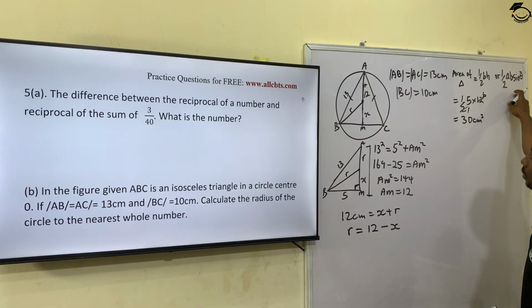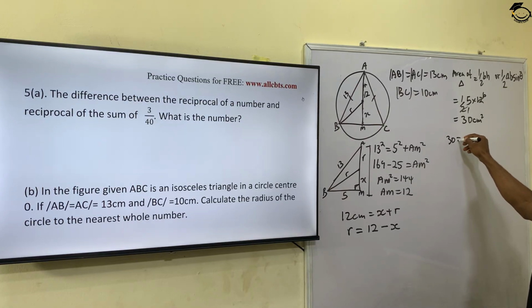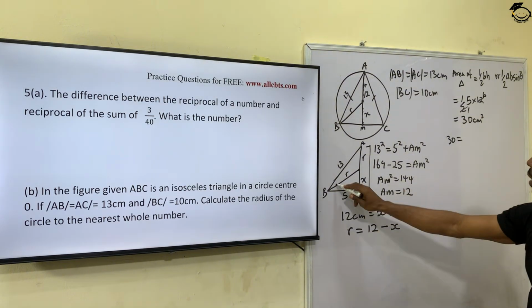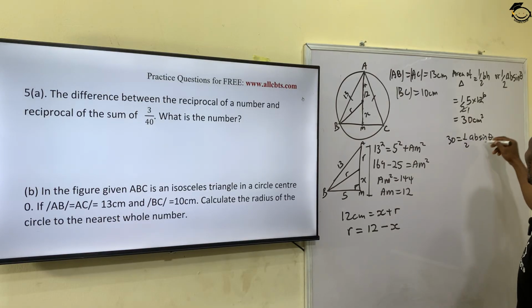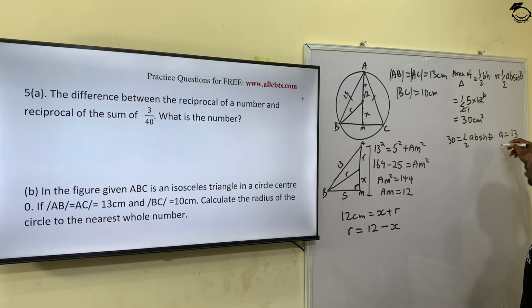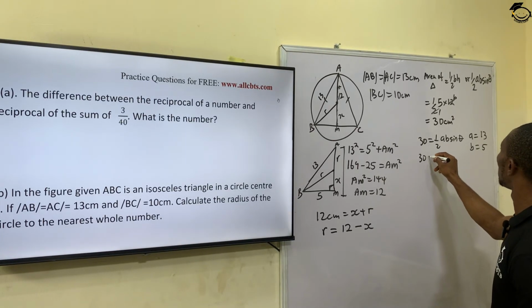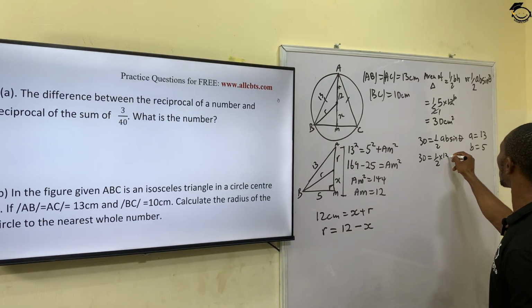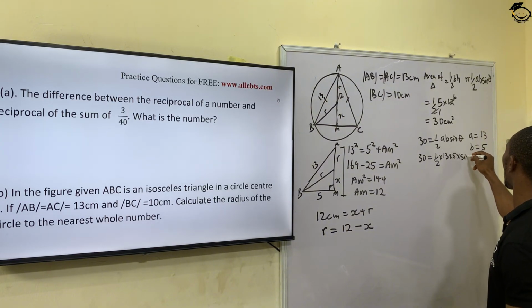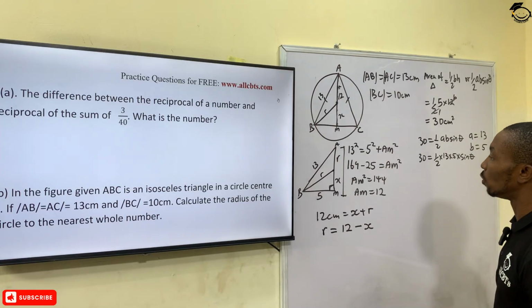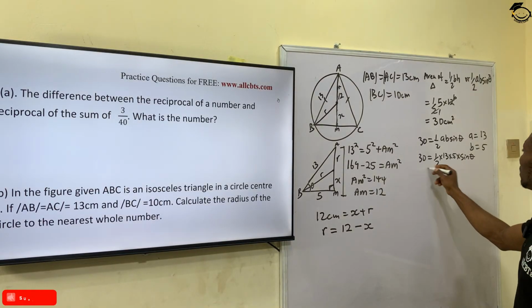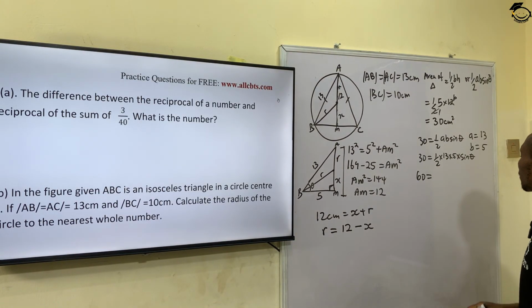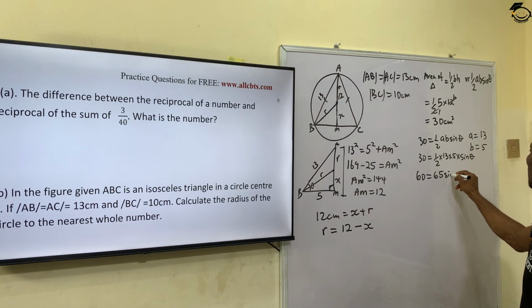Now, going over to this, we have 30, which is the area of our triangle. We want to find our angle, so it will become half AB sine theta, where our A is 13 and our B is 5. So this will become 30 equals 1 over 2 times 13 times 5 times sine theta, which is unknown. This is our theta, this angle. So from here we have 60 equals 13 times 5, which gives us 65 sine theta.